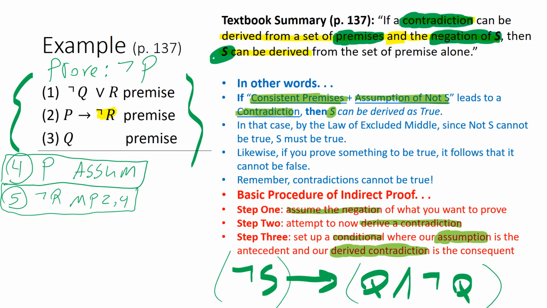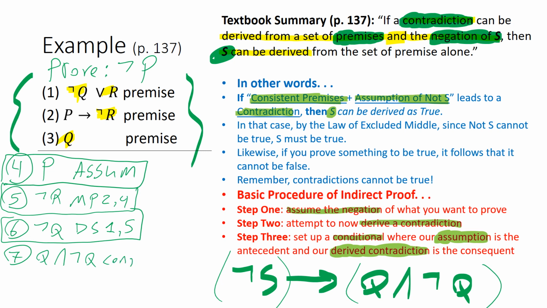And if we look at sentence 1, we have a disjunction, not Q or R, and R is not the case, so therefore not Q is the case, because we have a disjunctive syllogism with sentences 1 and 5. And now notice that sentence 3 says Q, but in sentence 6 we have not Q. So for 7, we can say Q and not Q by the conjunction law with sentences 3 and 6.